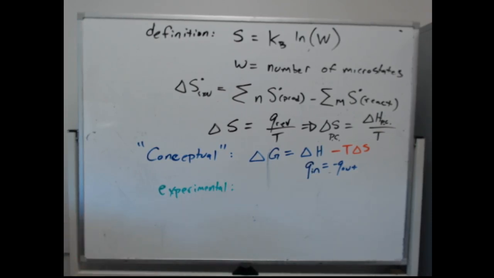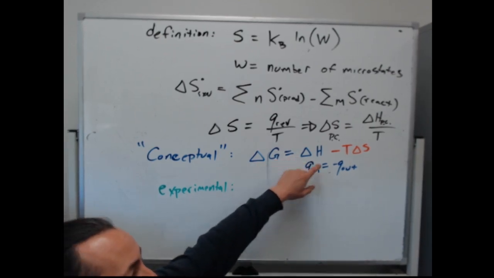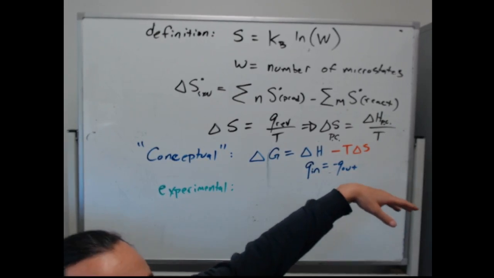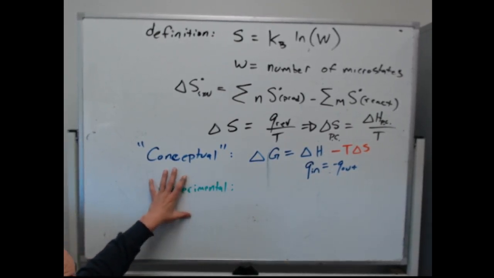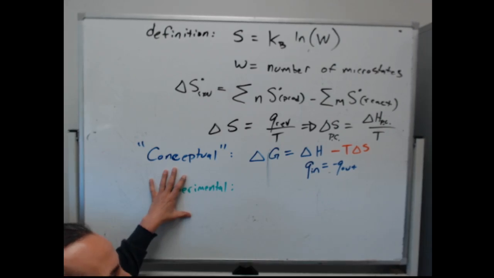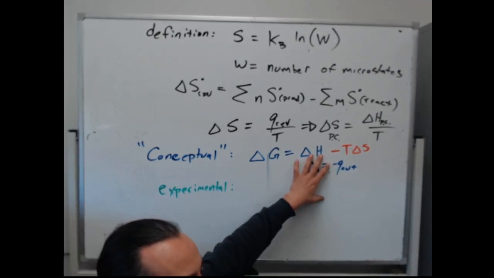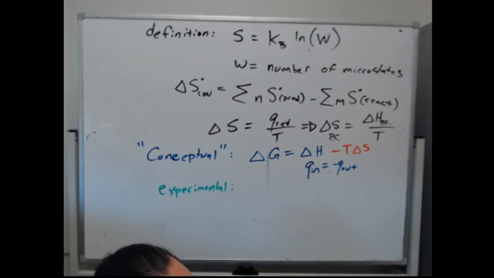is that we can start to use entropy to explain experimental phenomena. Once we get this definitional microstate idea of entropy and this conceptual idea of energy dissipating, with increasing microstates being better, then we can start to look at experiments and say, instead of measuring delta G and delta H to find delta S, which is what we did in our first lab, we can start using our experimental knowledge of entropy and enthalpy to predict whether something's going to happen or not.